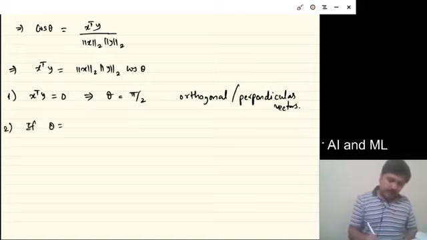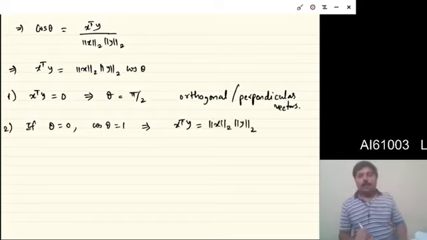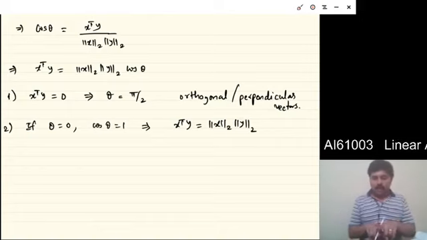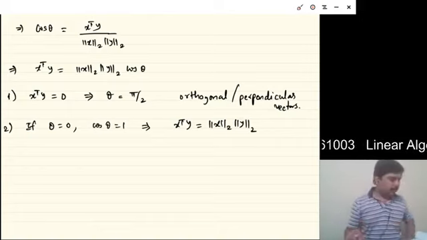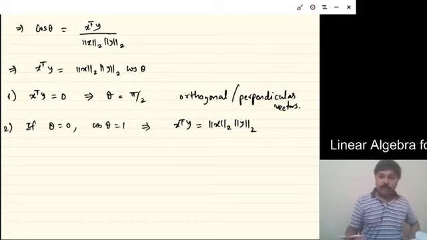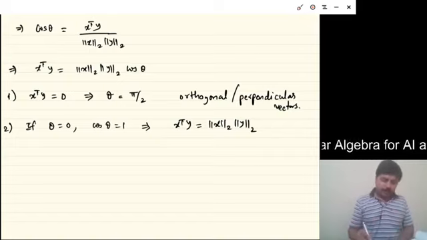If theta is equal to 0, then cos theta is equal to 1, and that means that x transpose y is basically 2 norm of x times 2 norm of y. What does that mean? Theta equal to 0 means that the vectors are in the same direction. So one is a scalar multiple of the other, the scalar being positive.